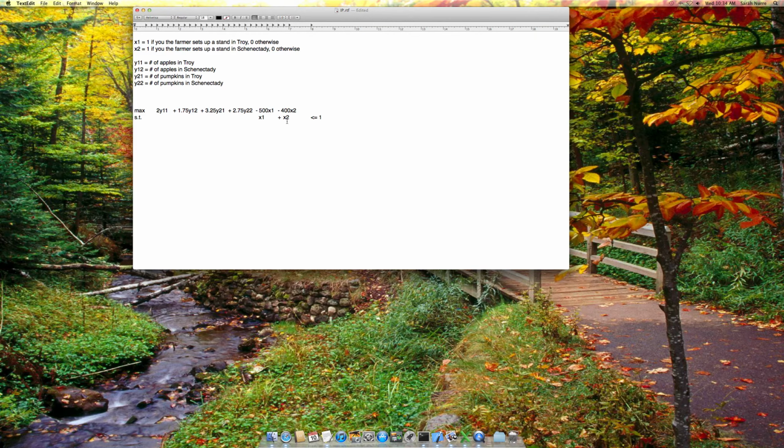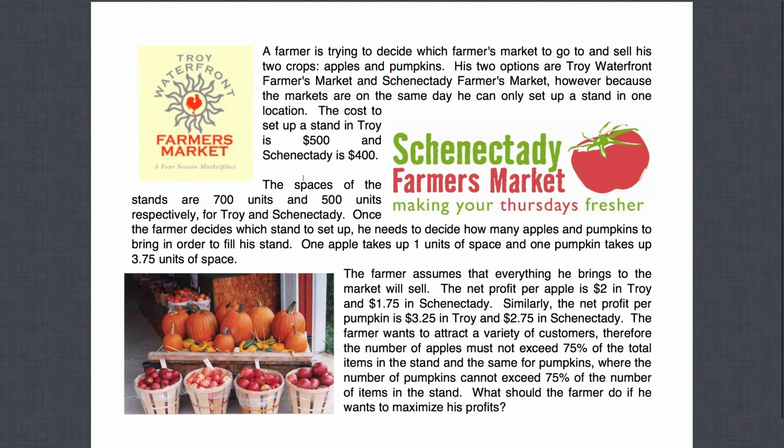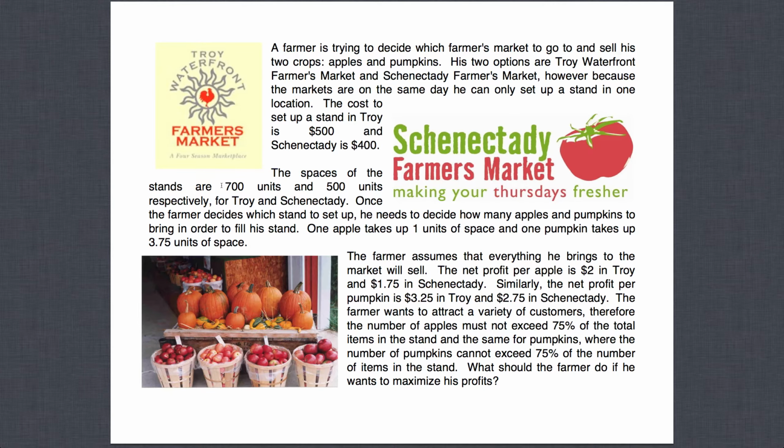So what's another constraint here? Another constraint is the space amount. Here we have 700 units in Troy and 500 in Schenectady, and the apples and pumpkins take up the same space in either: 1 unit and 375.